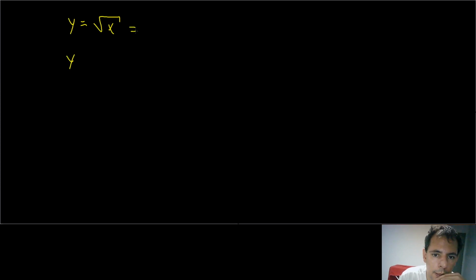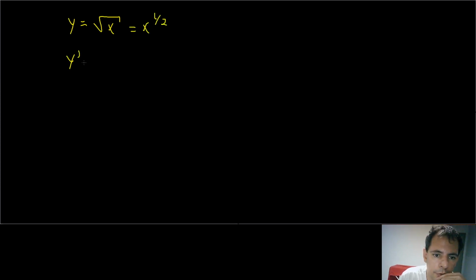Now we are going to think about this here. y equals square root of x. Find the derivative. The derivative is going to be, well, this equals x to the half, right?